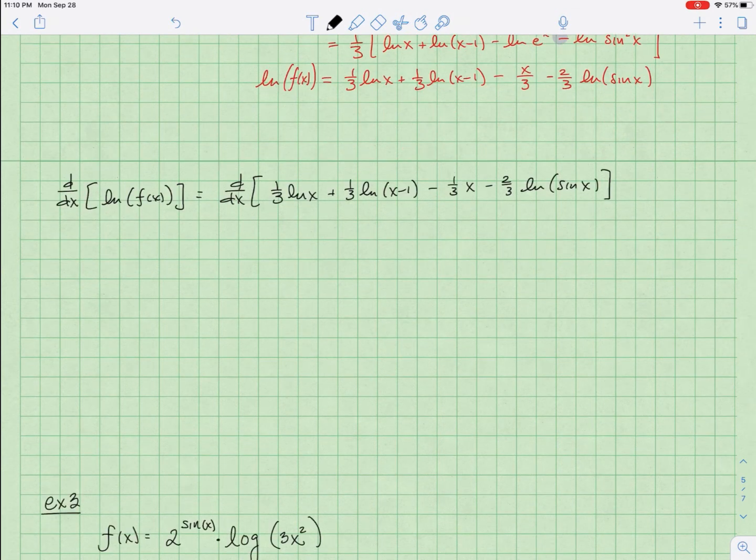Taking the derivative of both sides on the left side, I get f prime of x divided by f of x. That's the natural log rule. On the right side, I'm just taking a bunch of derivatives. This is 1/3 times 1 over x plus 1/3 times 1 over x minus 1 times the derivative of that inside, which is just 1, minus 1/3 minus 2/3 times 1 over the sine of x. And the derivative of the sine of x is cosine x.